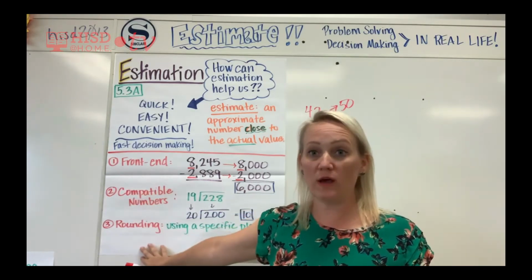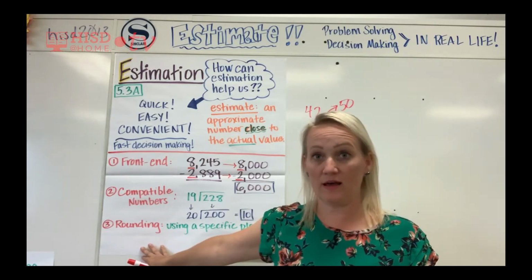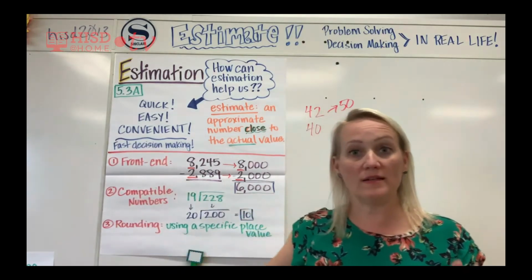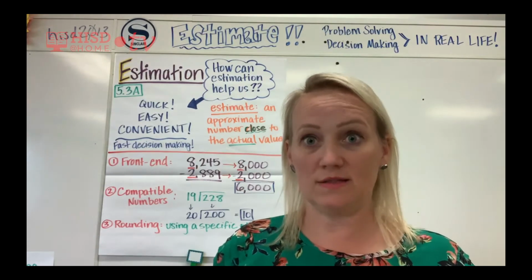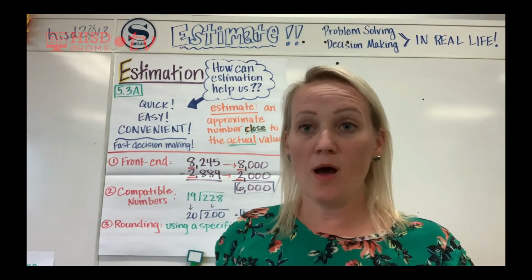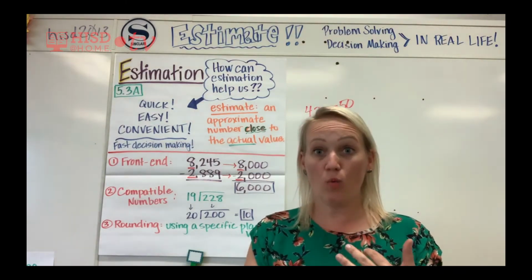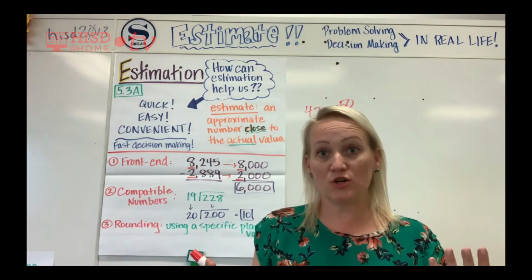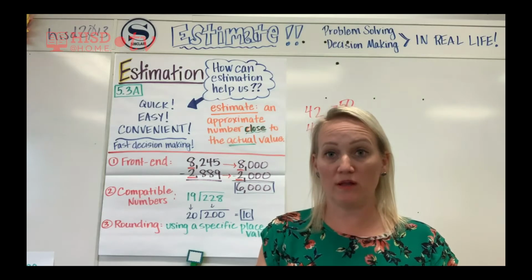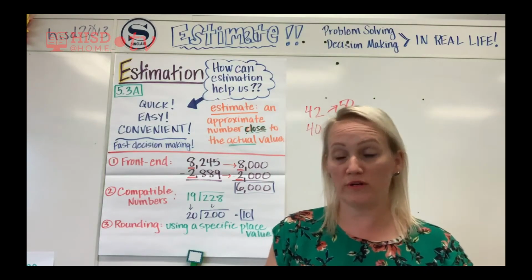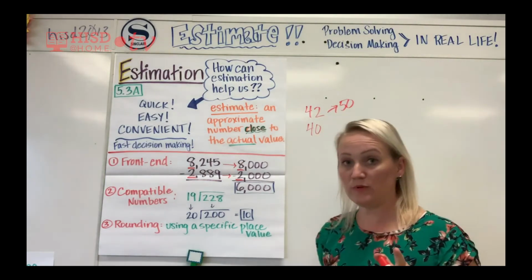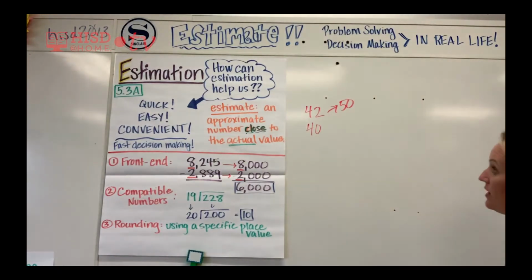All 3 of these ways are correct. I'm going to say that again. All 3 are correct. It doesn't matter which one you use unless they specify in the problem, but all 3 of these will allow you to make a fast decision when you're dealing with numbers. So let's give it a try and look at some examples in real life. But first, I'm going to walk you through the 3 different ones. Okay, so you should be taking notes and writing down what I write down.